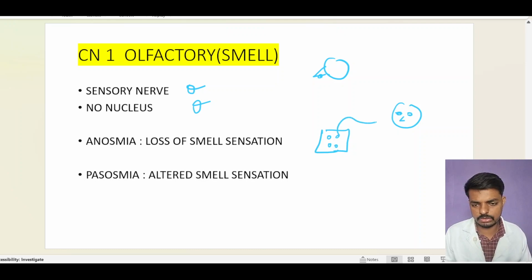So we will expose the patient to those smells, and we will ask the patient to describe which smell it is. If he is not getting any smell, that is called a very important term, anosmia. Anosmia means loss of smell sensation. For your NORCET, keep this in mind: loss of smell sensation is called anosmia.